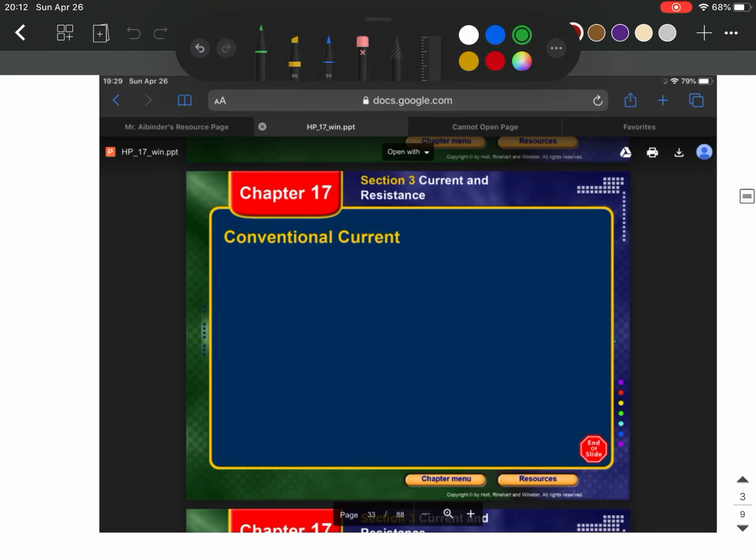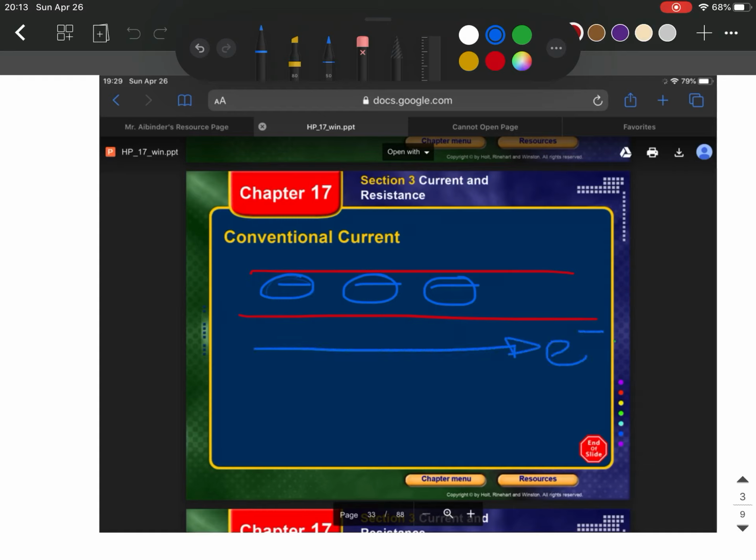Now conventional current, let's talk about what conventional current is. So what it was defined to be. So we know in order for us to have a current that we have to have a flow of charges. And the charges that flow are the electrons, which are the negative charges. So let's draw them. So imagine I have electrons flowing in that direction. So by definition, conventional current is the flow of positive charge.